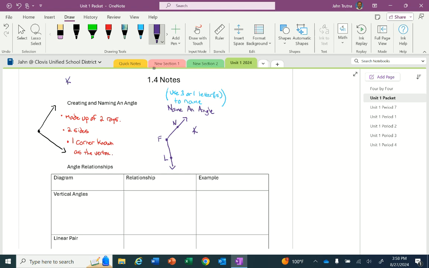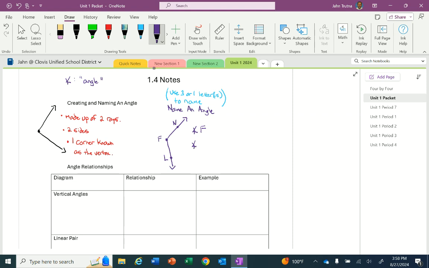That symbol means the word angle, A-N-G-L-E. And then you would put the letter F next to it. It would be perfectly acceptable to refer to this angle as angle F. Another way that you could name this angle would be using three letters.